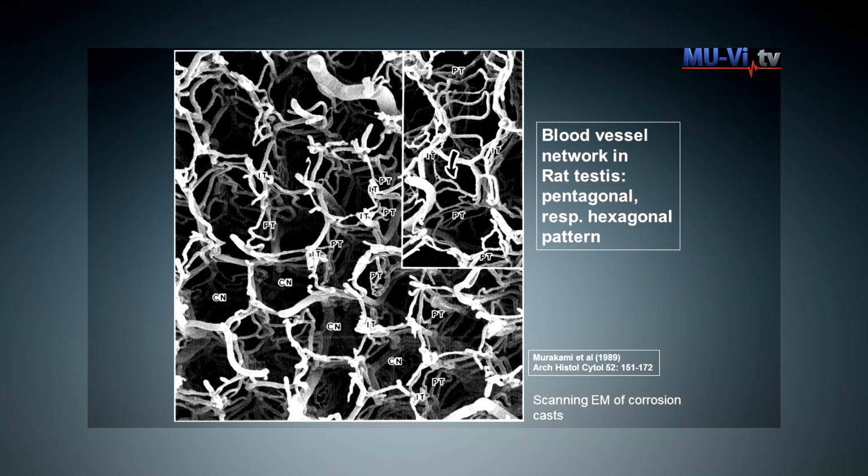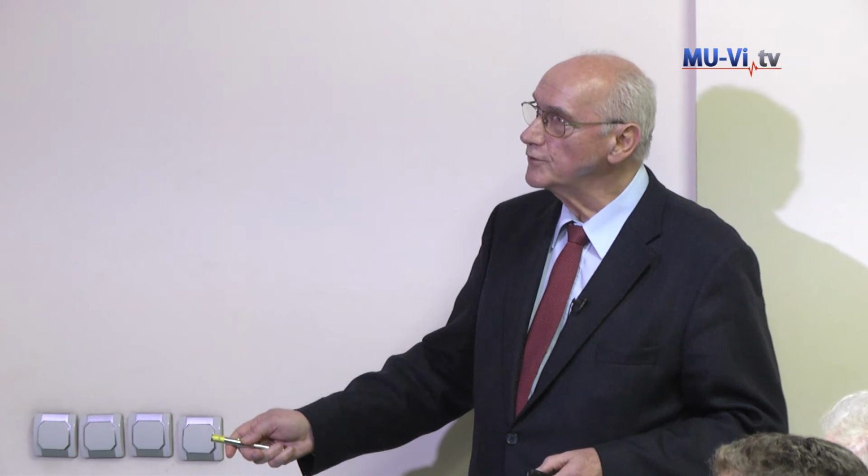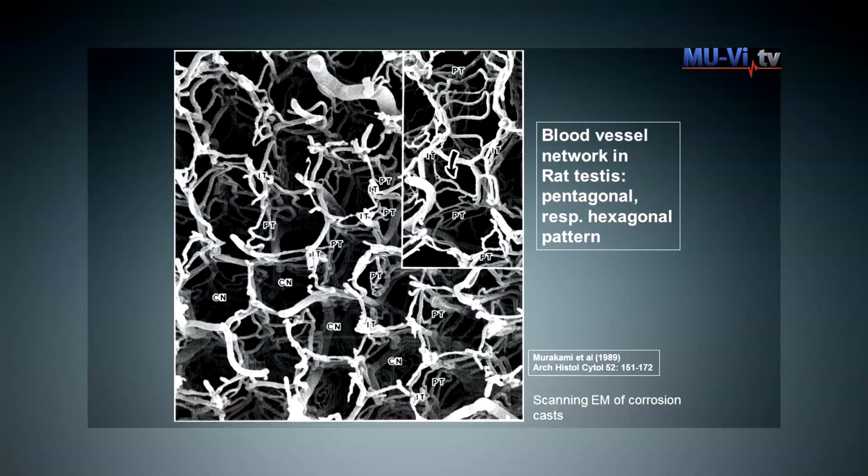If we look at the blood supply of the rat testis, this is a scanning microscopy picture from a corrosion cast. The tubules are destroyed here, and we can see a very large network of vessels, of capillaries, and they build a very tight network around the tubuli.